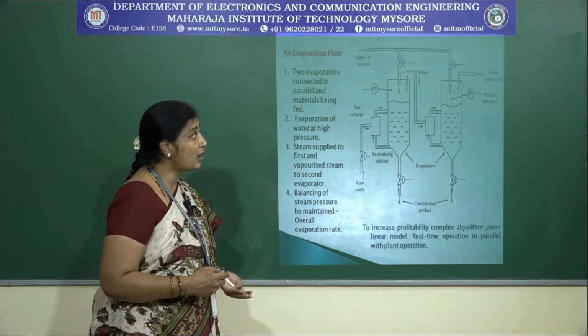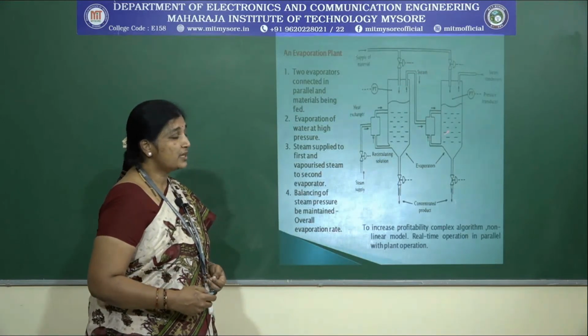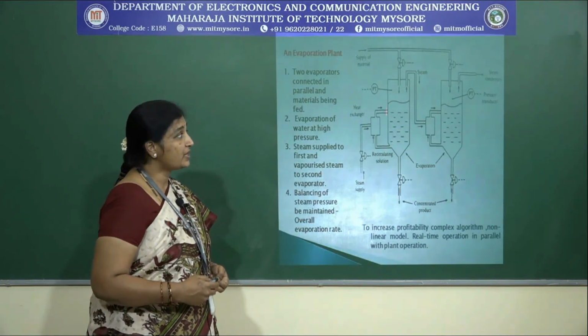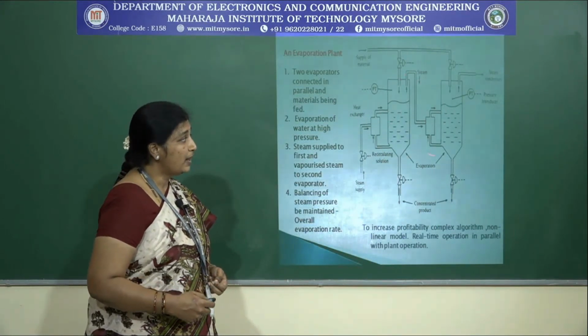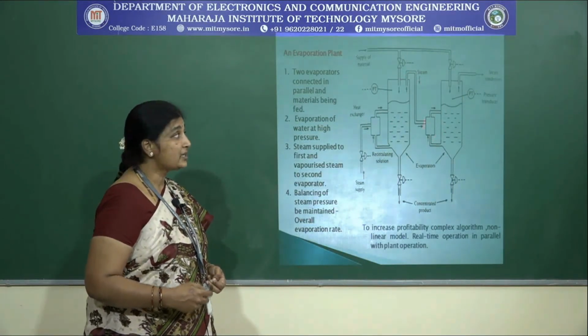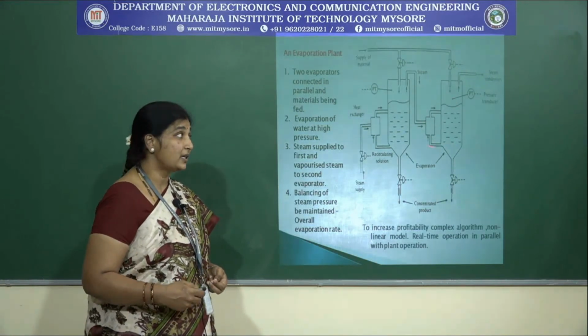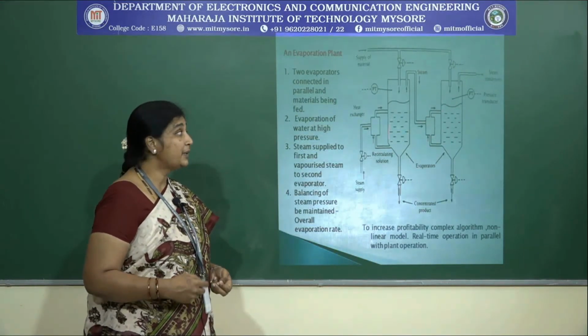And there is an outlet from the first chamber to the second. Whatever pressure is applied here, all this evaporated steam will go to the second chamber, and hence the pressure exerted in the second chamber mainly depends on the first.